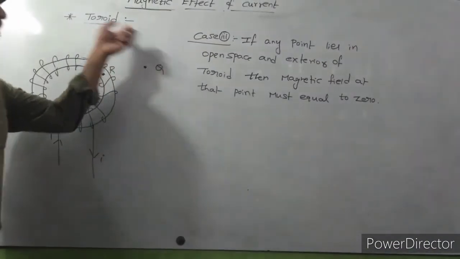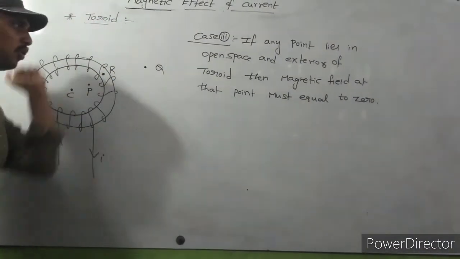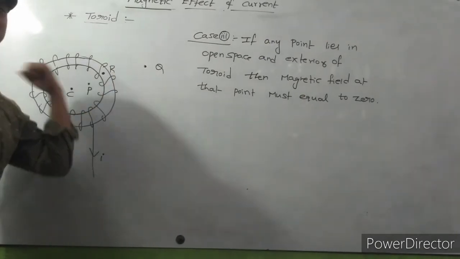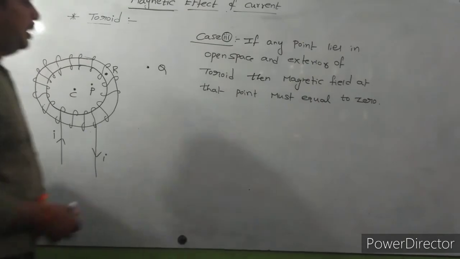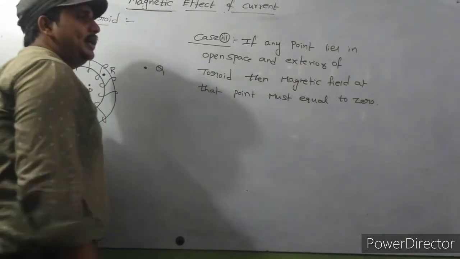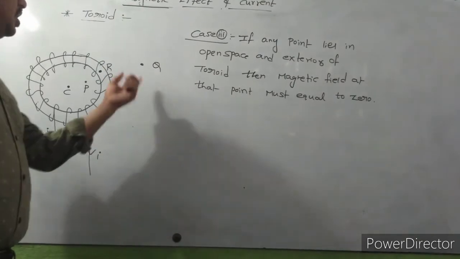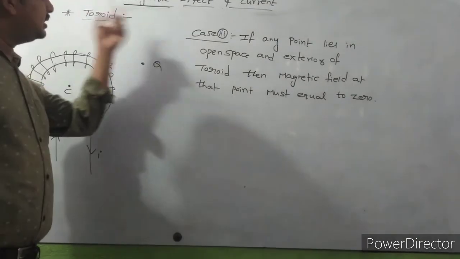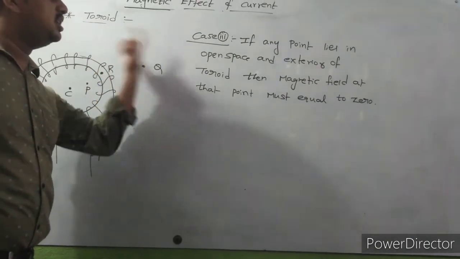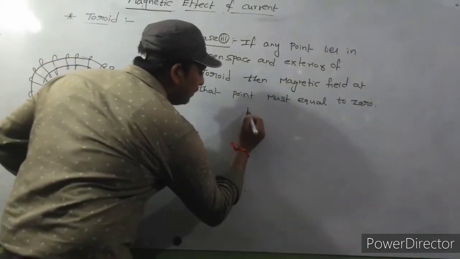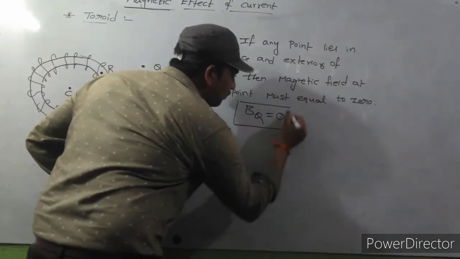If any point lies in open space, this is the point Q, lies in open space and it is present exterior of the toroid, outside of the toroid, then the magnetic field at that point must equal 0. According to this diagram, Q is the point present in open space and exterior of the toroid. That means the magnetic field at this point Q is equal to 0.